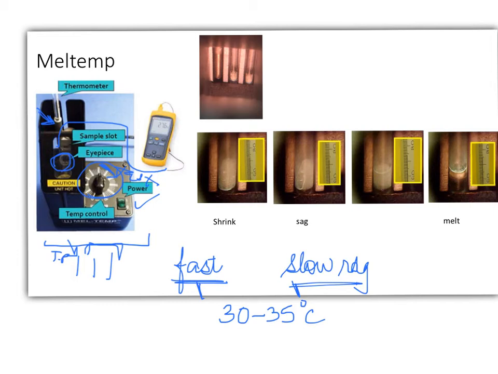Now, in reality, you would always run the slow readings because that gives you even heating. But for this particular lab, you would be giving me one fast and 2 slow readings.